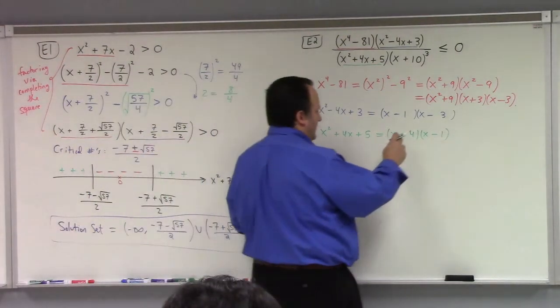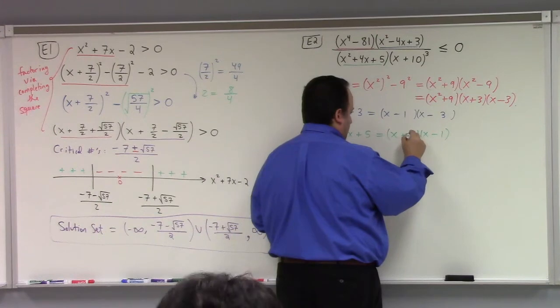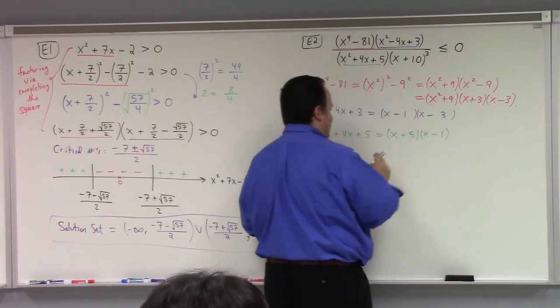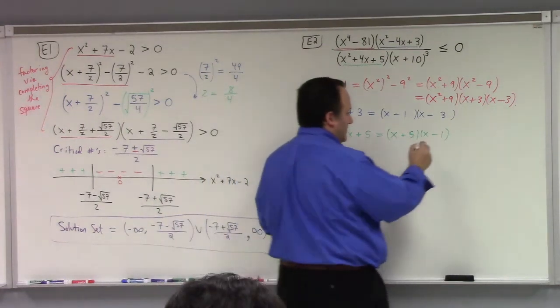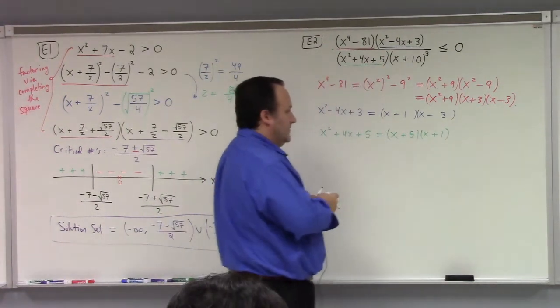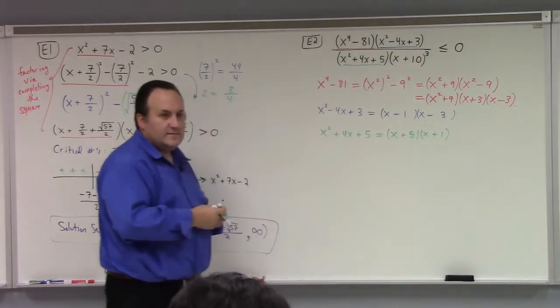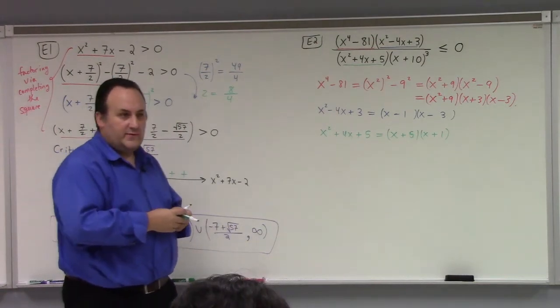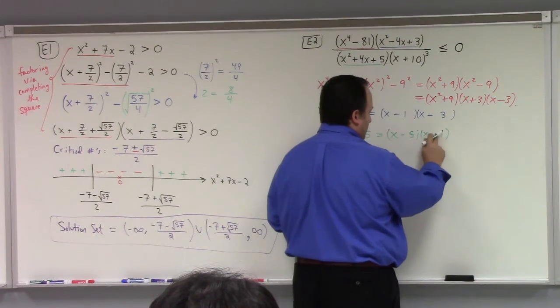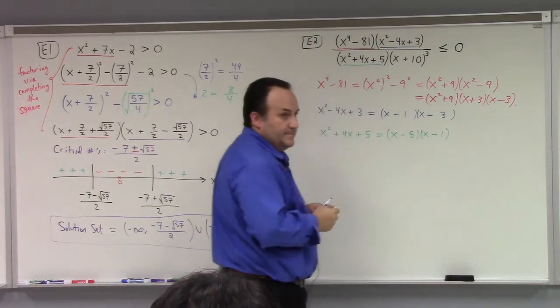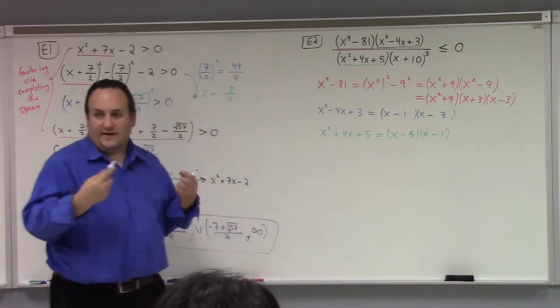But I think one of you said 5 and 1, right? Also, somebody said 5 and 1. 5 and minus 1 or 5 and plus 1? 5 and plus 1, right? Because you got to get 5 over here, right? But that gives you 6x. That didn't work. If we put both minuses, that also doesn't work. Everything we're trying is not working.